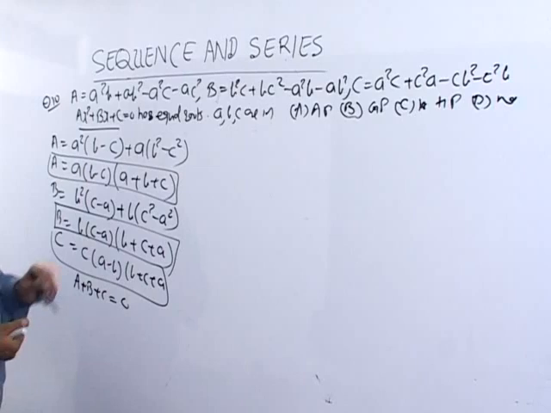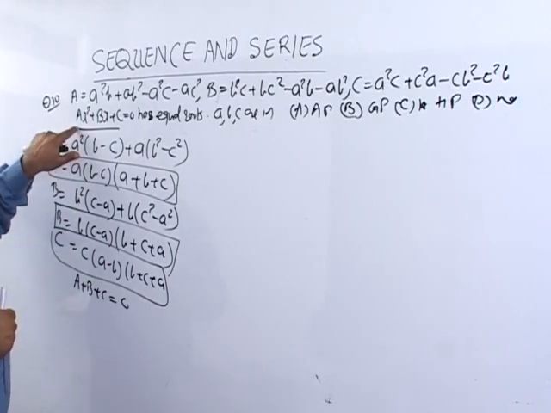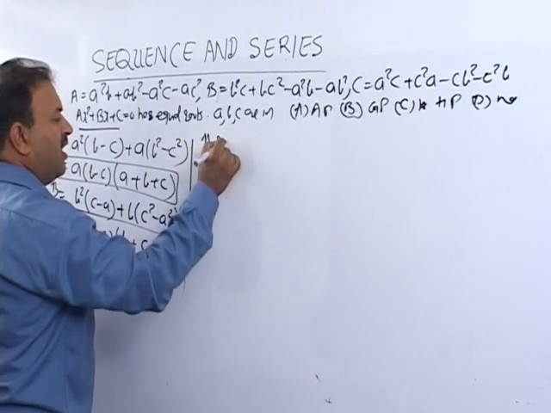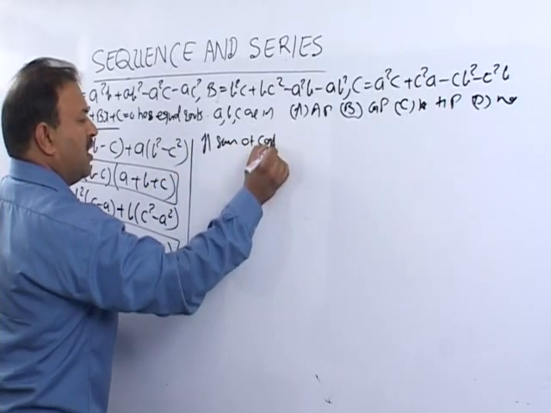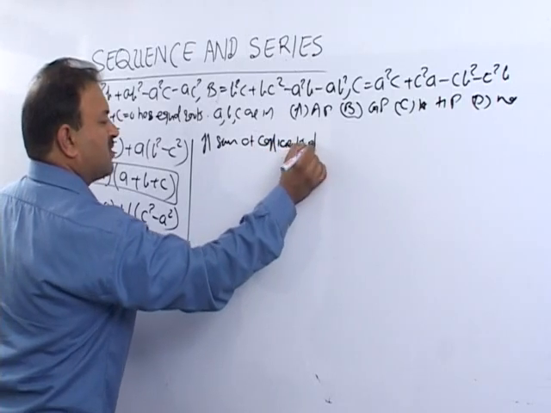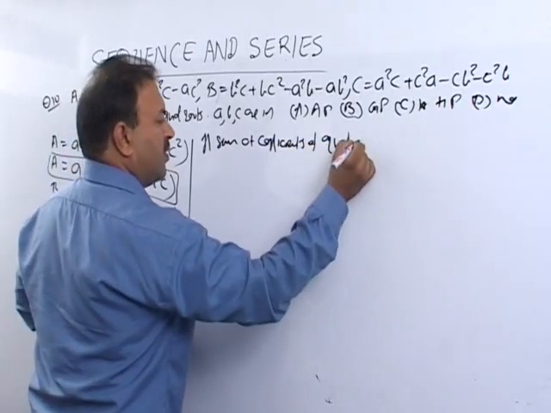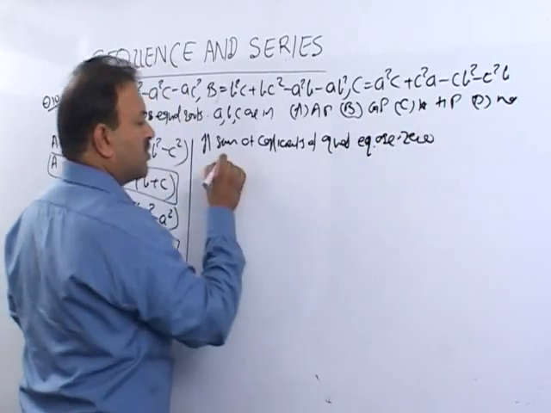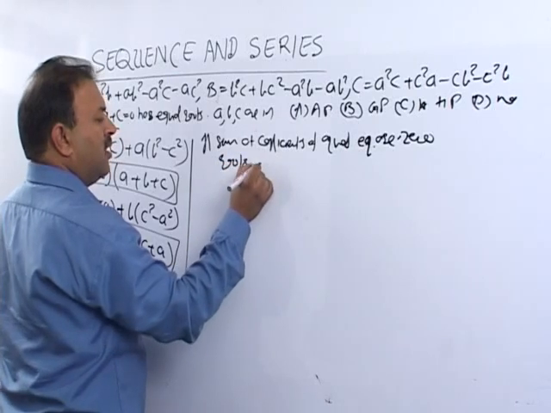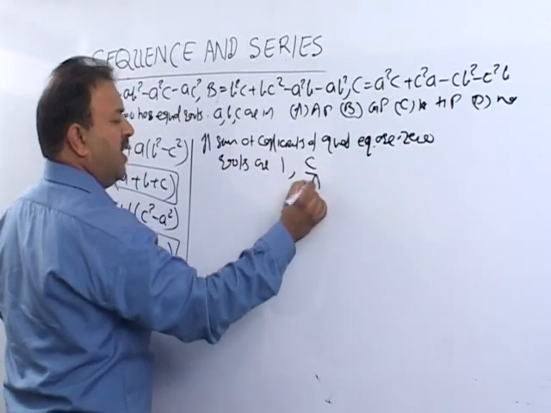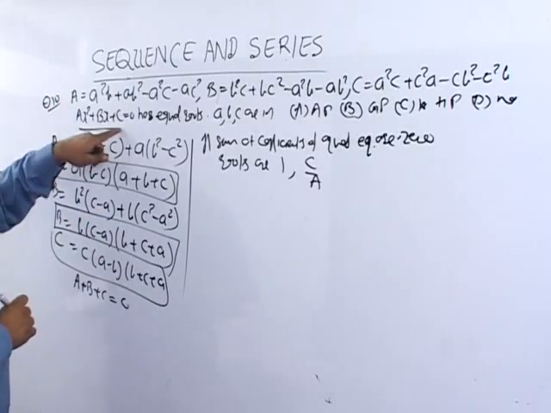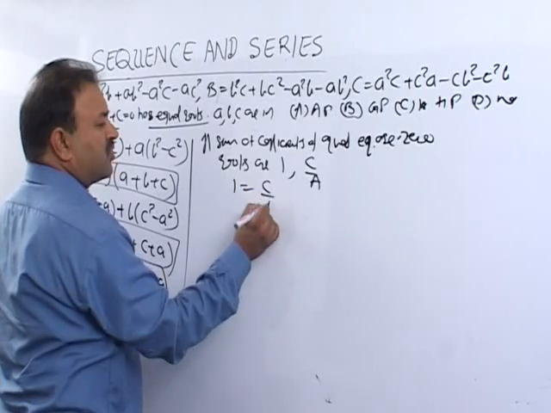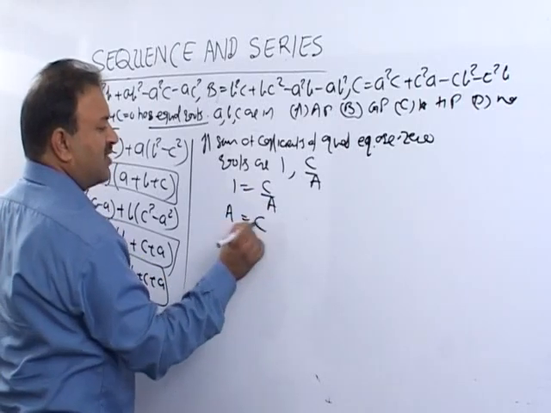And we have done in the quadratic equation: if the sum of coefficients of a quadratic equation is 0, then the roots are 1 comma C upon A, that is, 1 comma constant term upon A. And as these roots are equal, I can say 1 is equal to C upon A, I can say A is equal to C.